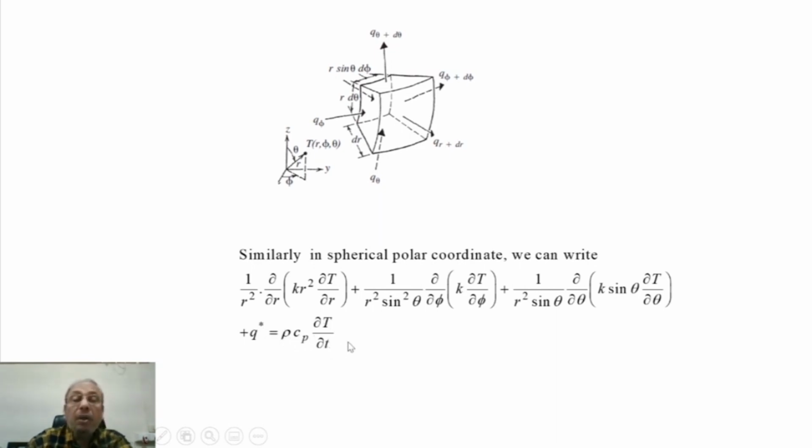So this is in spherical coordinate system.